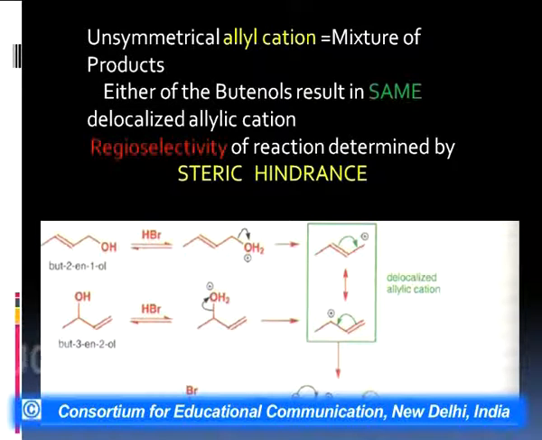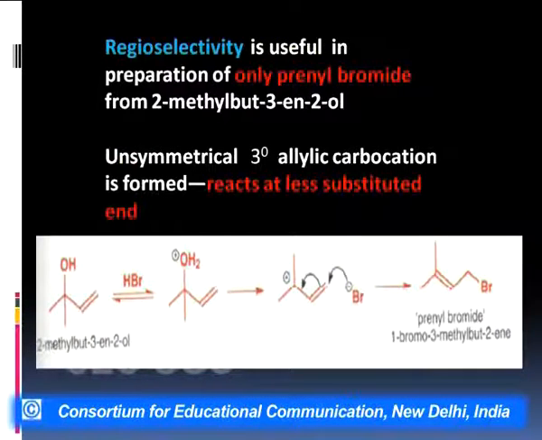Similarly, what we find in the next example, if I look into 2-methyl-but-3-en-2-ol, then in this case regioselectivity is a blessing, because again the resonance stabilized carbocation has two structures, one at the tertiary carbon and one at the primary carbon.